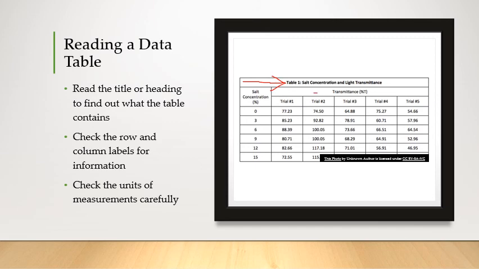Then we have even further identification where the transmittance is in percent and the concentration is down the left side, and that is also in percent. And then in this particular example, there were 5 trials that they recorded data for.